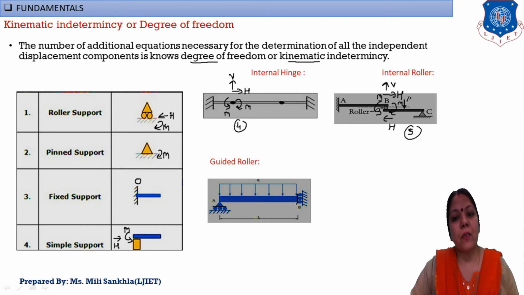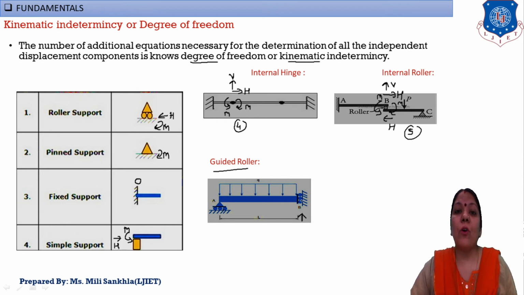Now here we discuss the guided roller. This is our simple vertical roller that we already discussed. Now we discuss this guided roller. If you remember, this vertical guided roller allows vertical displacement because the support reaction is horizontal and moment. Displacement means, for a particular joint or support, how much displacement it allows, how much degree of freedom.